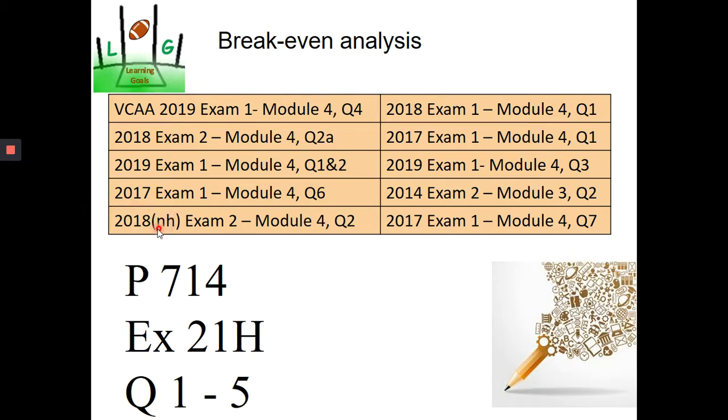NH, what does NH stand for? NH stands for Northern Hemisphere. This is for Australian kids who, for some reason, have parents living in America, Canada, or Europe, and they want to do the VCE exam. But the VCE exam in Australia is in November, and all the exams in the US and Canada are in June. So they've made an exam that comes out in June.